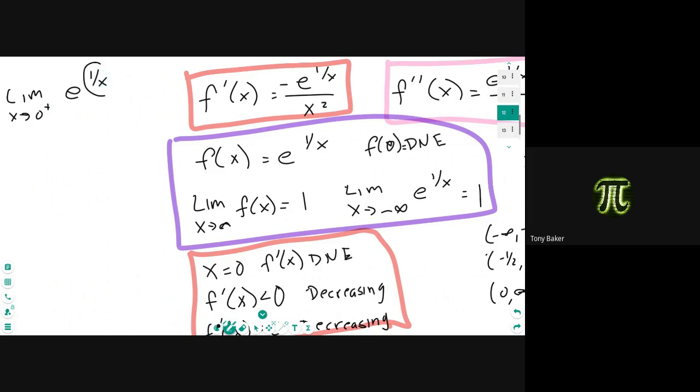What's happening to this exponent as the denominator of the fraction is getting closer to 0? It's getting bigger and bigger, right? Think about it: 1 over 1/2 is 2, 1 over 1/4 is 4, 1 over 1/8, 1 over 1/1,000,000th is 1,000,000. So this is going to go up. So that's going to basically go to infinity.